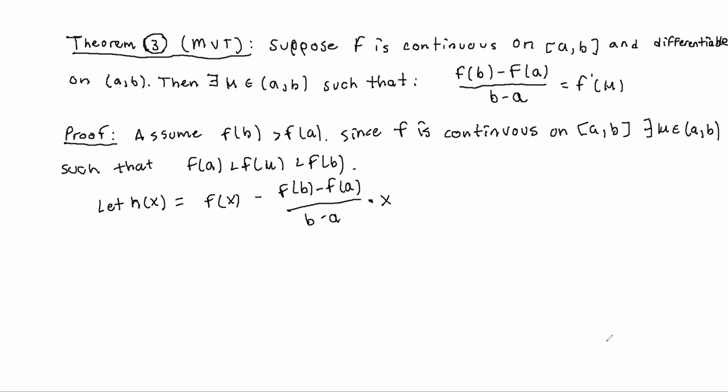So I'm going to go to this screen and we'll see if that makes sense. So h of x equals f of x minus f of b minus f of a over b minus a times x.